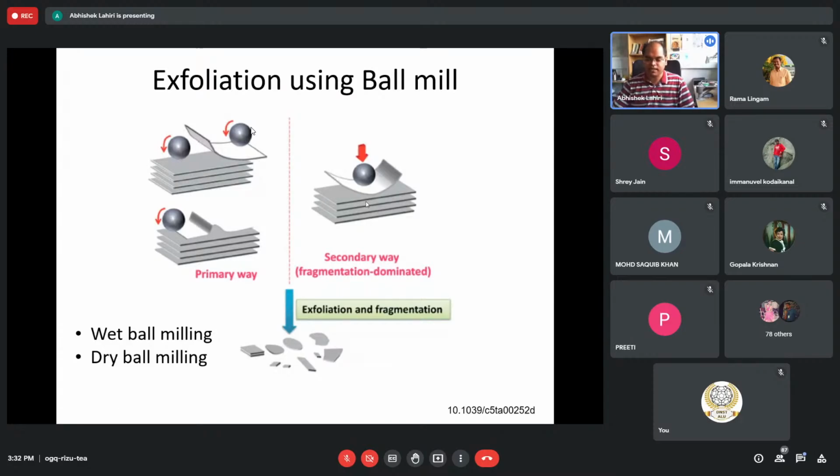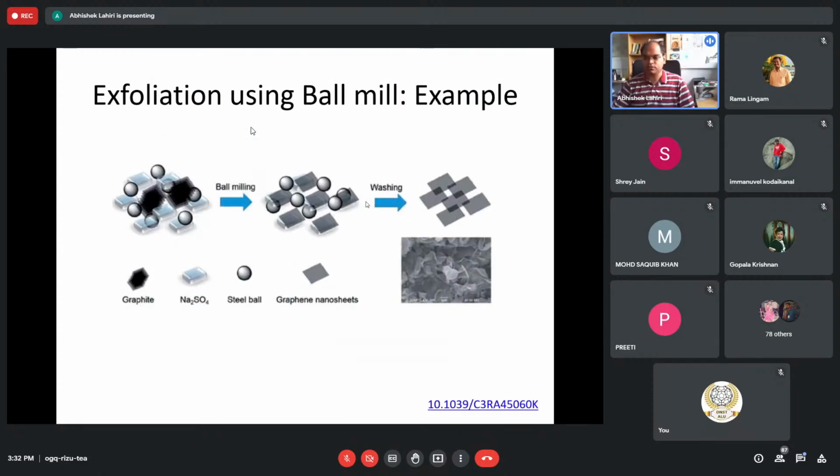Of course, ball milling can be done either in wet medium or a dry medium. And when you want to exfoliate material, you can either use the wet ball milling technique or the dry ball milling technique. So an example, again, we go back to graphene nanosheets. When you have graphite flakes and then you ball mill it, you usually won't get very good graphene nanosheets.